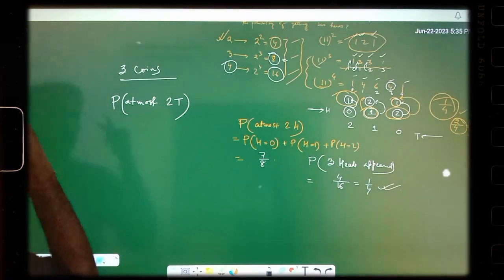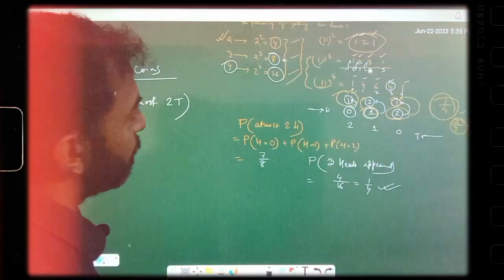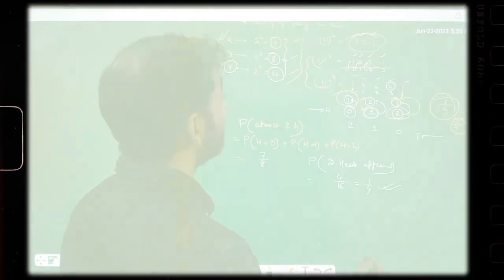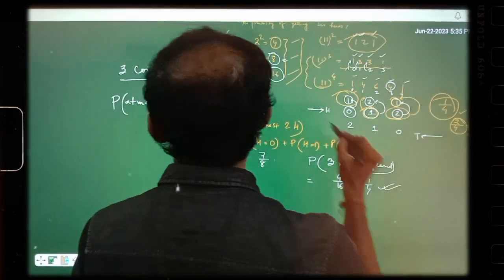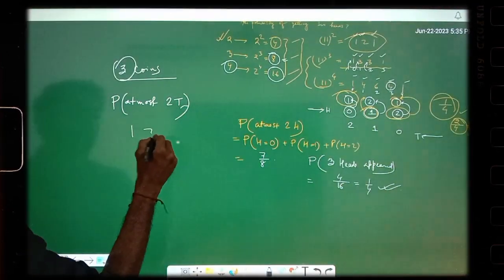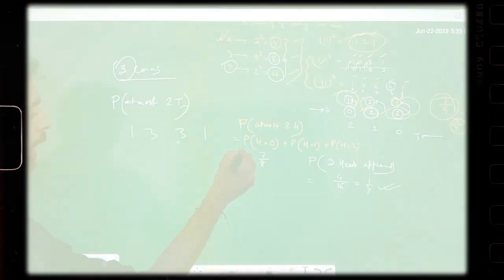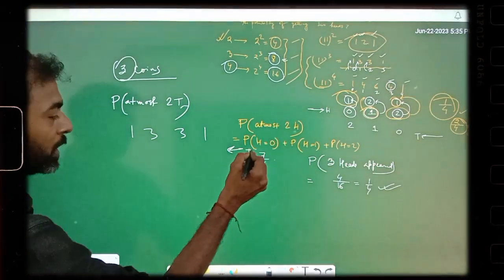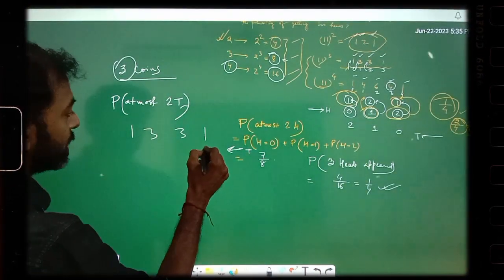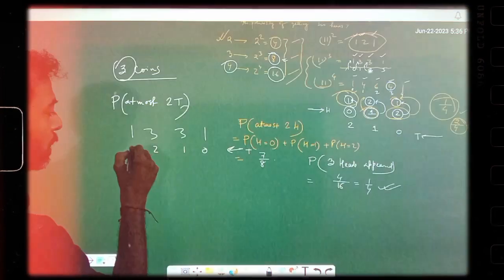Now, what will be the probability here by this super method? At most 2 tails and 3 coins are there. So we write 1, 3, 3, 1, and we need to count the number of tails from the right side. At most 2 tails: it is 0, 1, 2 and 3.